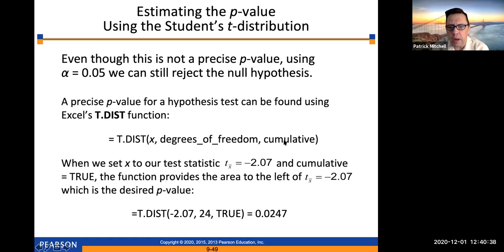And then for this last thing, always put true. I have still never encountered a situation where you put false there for a continuous probability distribution. So for this problem, if you enter t.dist and then negative 2.07, comma 24, comma true, you get the same p-value that we just got from StatTrek.